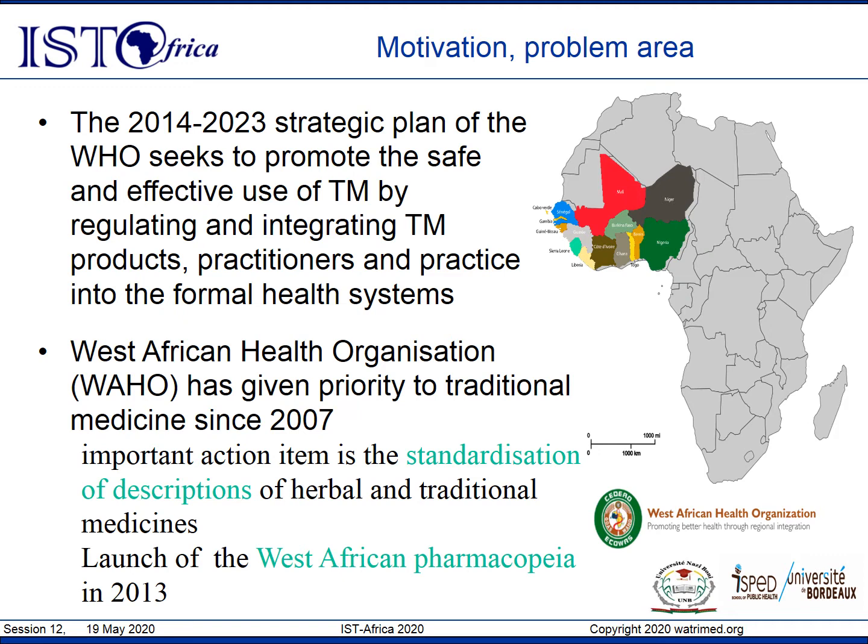The World Health Organization has given priority to traditional medicine for many years. From WHO, there are some important action items like the standardization of the description of herbal and traditional medicine and the launch of the West African Pharmacopoeia in 2013.